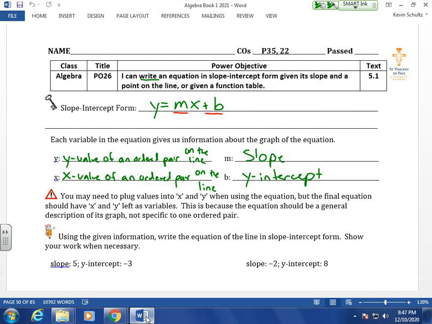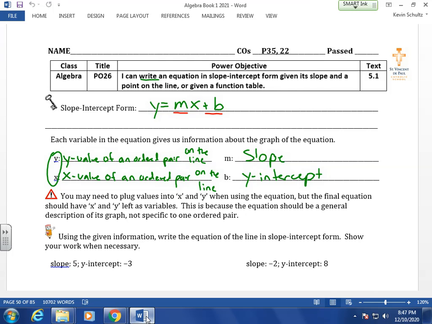And so PO26 lets x and y shine a little bit, because we'll be using them a bit more, but it all comes down to what is the slope, what is the y-intercept. If you can find those two things, you can write the equation of any line in slope-intercept form.